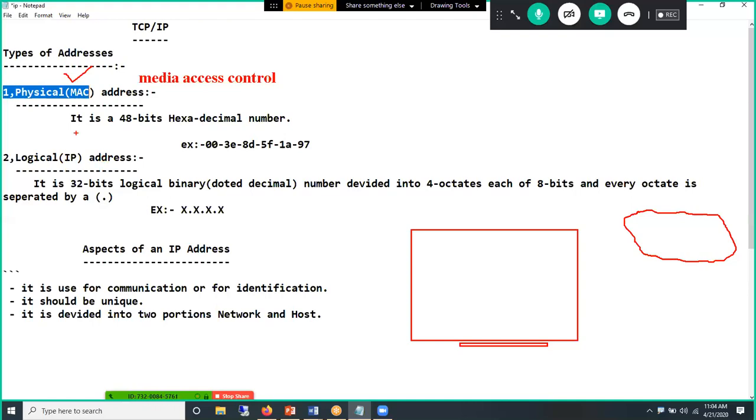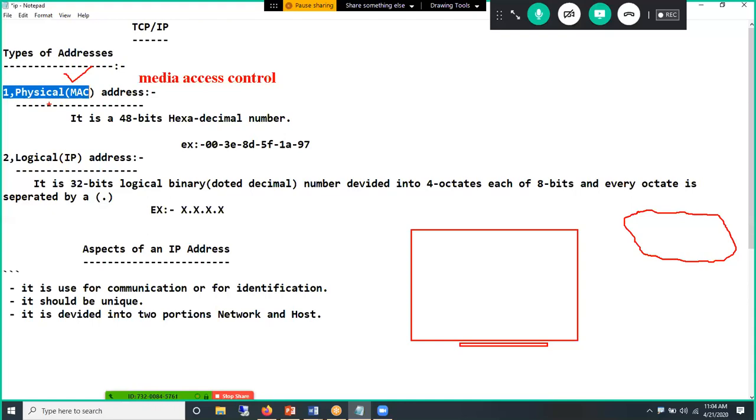But the main thing we need to understand is the actual role of the MAC address on a device, and the role of the IP address. If both addresses are available, what is the use of each? The MAC address is also called the physical address, or the hardware address.